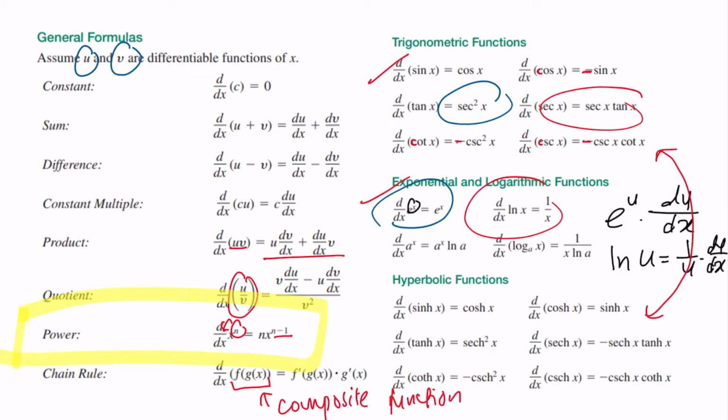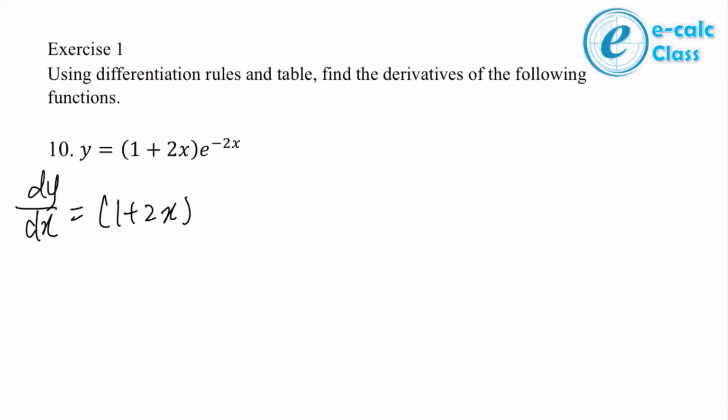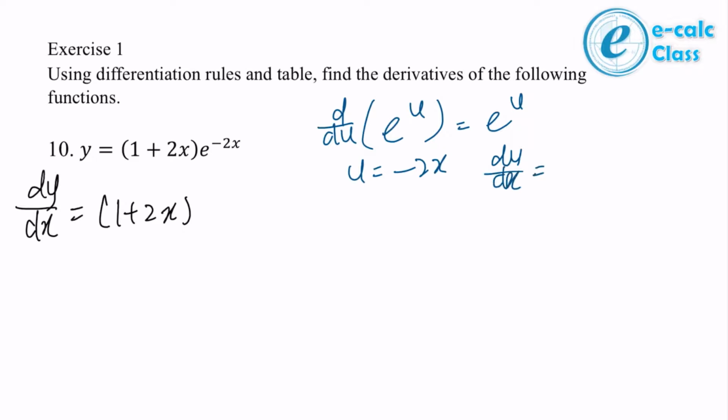Still e to the x, right? But now there's a little bit of chain rule here. You play with e to the u, differentiate, you get e to the u, and now your u is negative 2x. du/dx is negative 2. So you need to multiply them together. So it is just e to the negative 2x times negative 2.